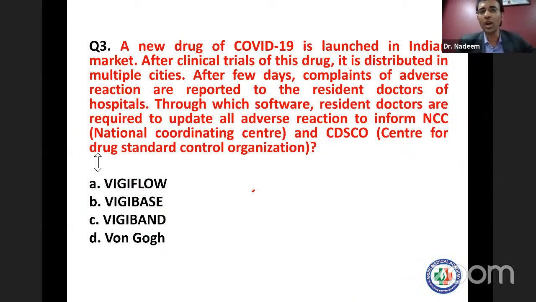A new drug for COVID-19. Let's talk about COVID-19 here. A new drug for COVID-19 is launched in the Indian market. After clinical trials of this drug, it is distributed in multiple cities.